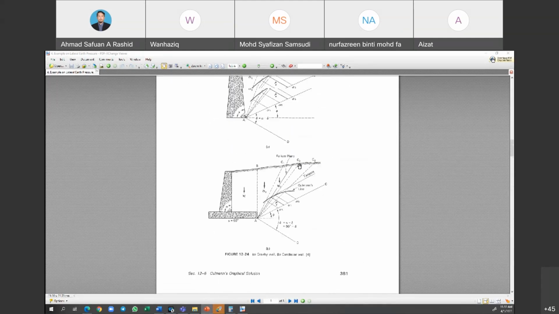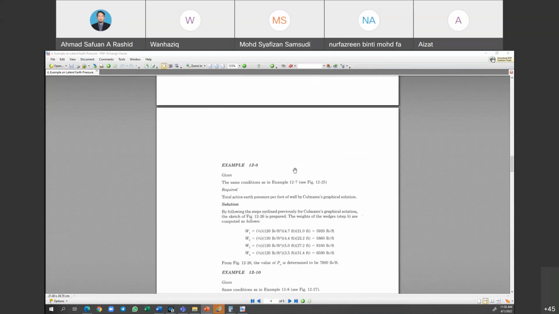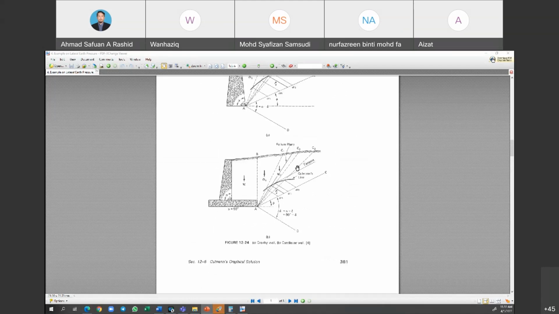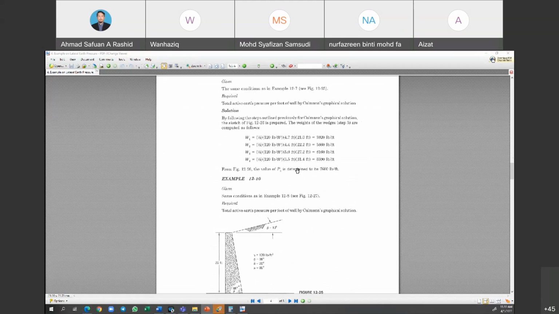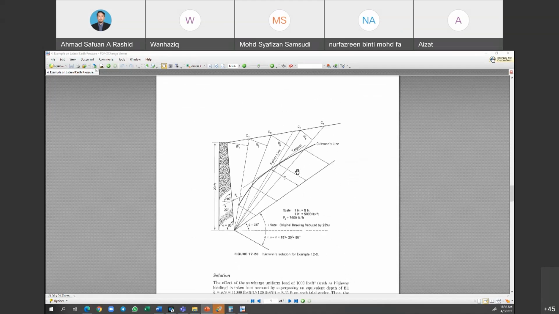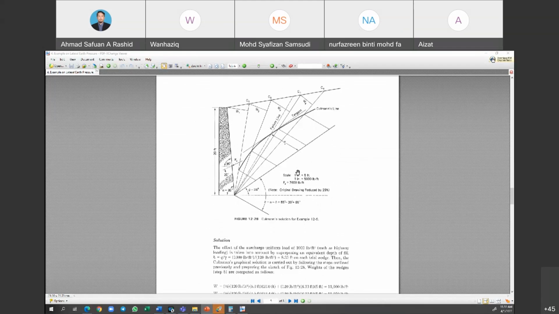Example 12.9, the same condition. Example 12 was not included. This is what I mean by the scale that you may introduce. For example, this is in pounds, so 1 inch is equal to 5,000 pounds per foot.